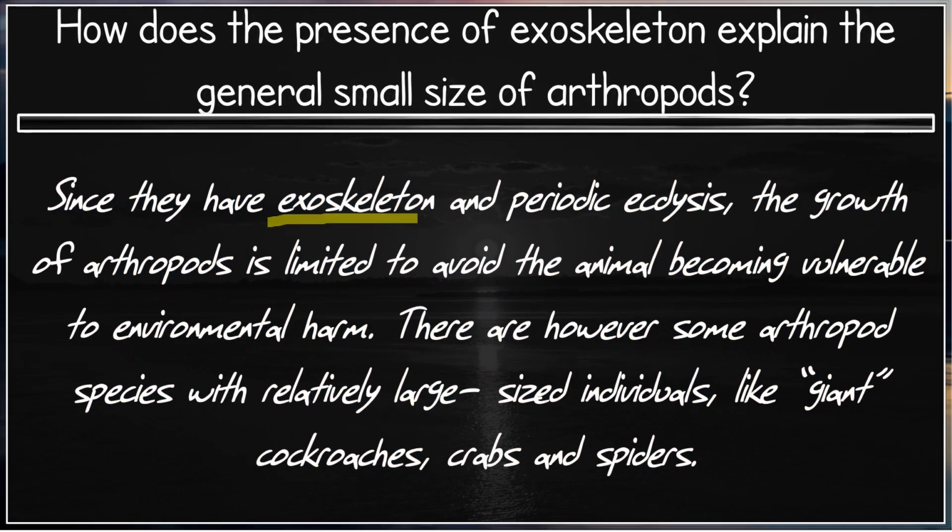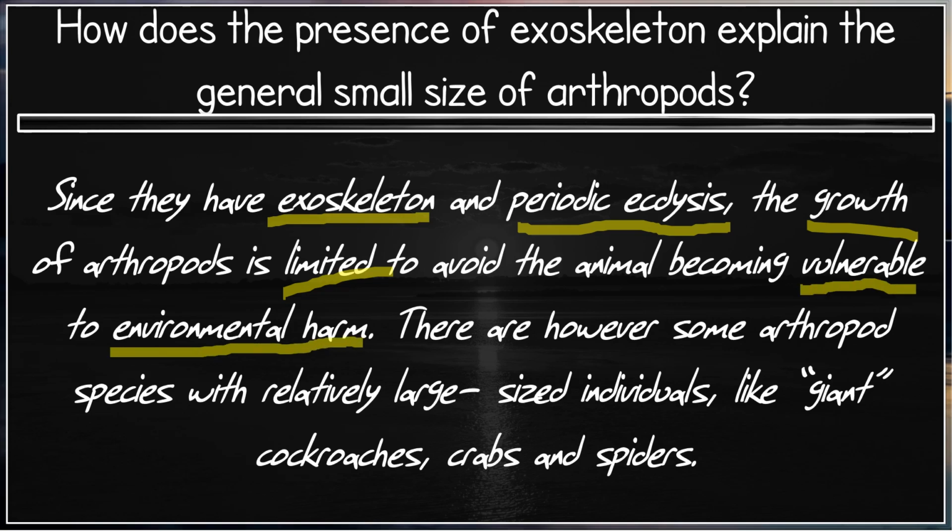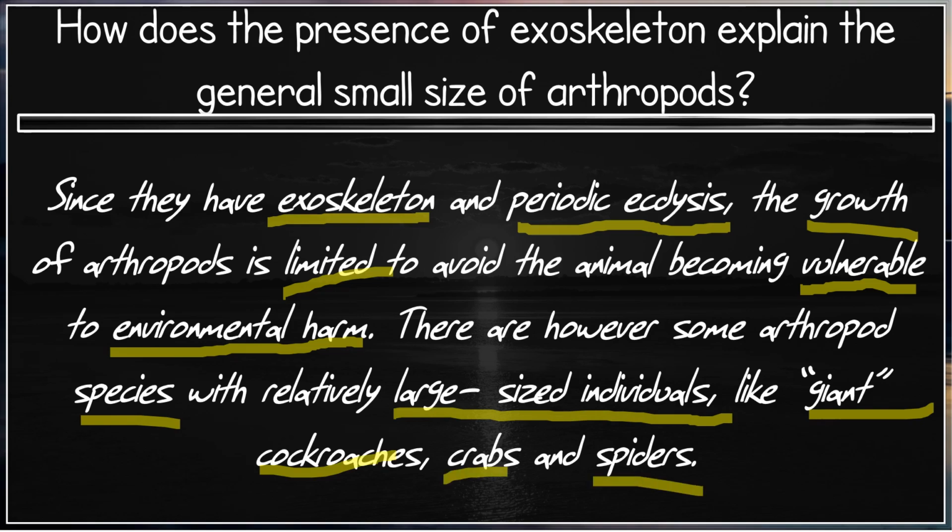Since they have exoskeleton, periodic ecdysis, the growth of arthropods is limited to avoid the animal becoming vulnerable to environmental harm. There are, however, some arthropod species with relatively large-sized individuals, like giant cockroaches, crabs, and spiders.